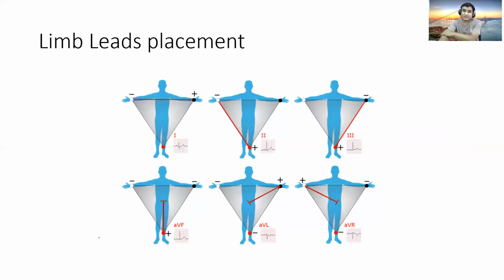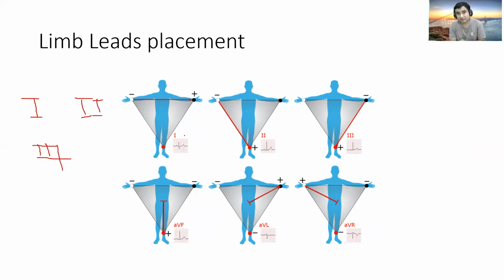In ECGs, first of all, we should have knowledge regarding the different lead placements. These are the limb leads. As you know, there are three limb leads: limb lead 1, 2 and 3. How is limb lead 1 made?